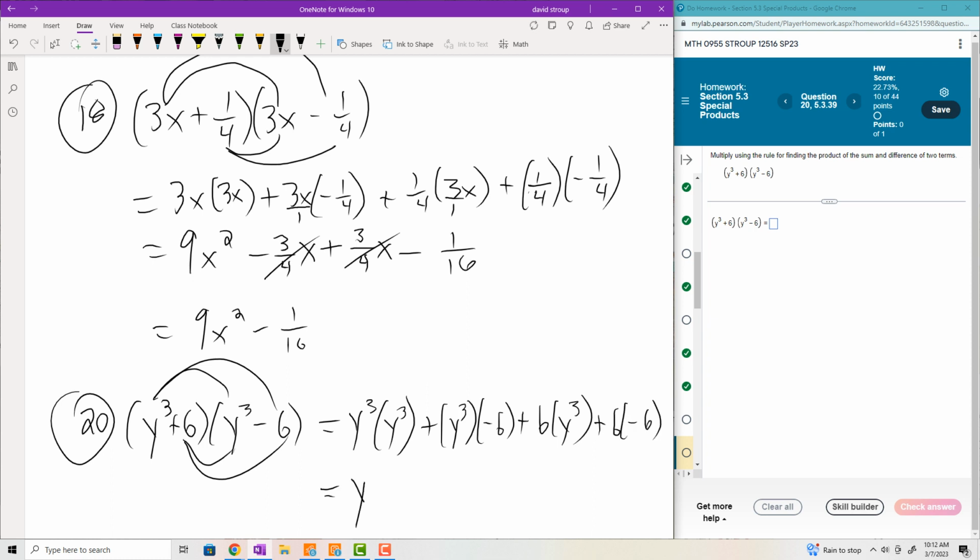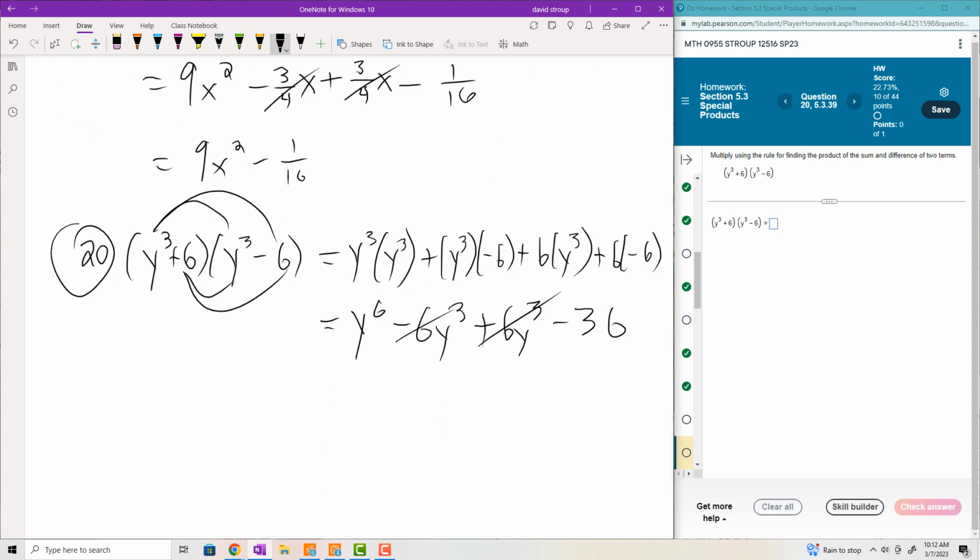Adding exponents, we get y to the 3 plus 3 is 6. Then minus 6y cubed, and then plus 6y cubed, and then minus 36. Goodbye, goodbye. And you end up with y to the 6 minus 36.